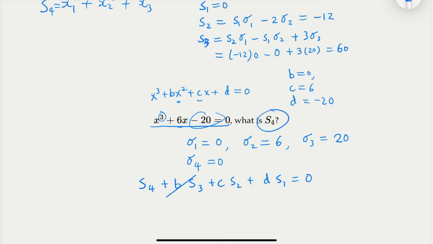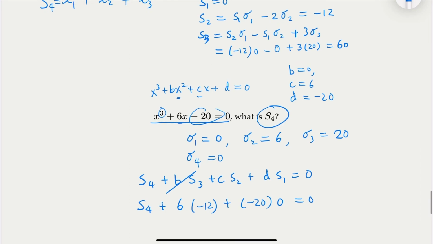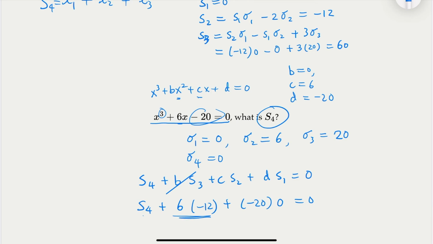Then S4 plus c, which is 6, times S2, which is -12, plus d S1, where d is -20 and S1 is 0, equals 0. So S4 equals 72. That's our answer.